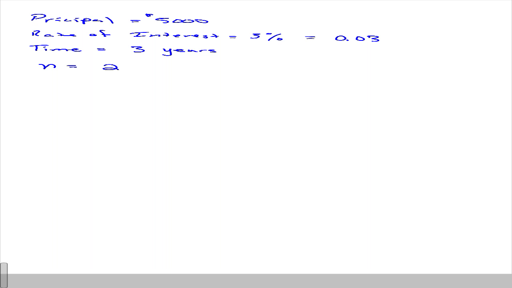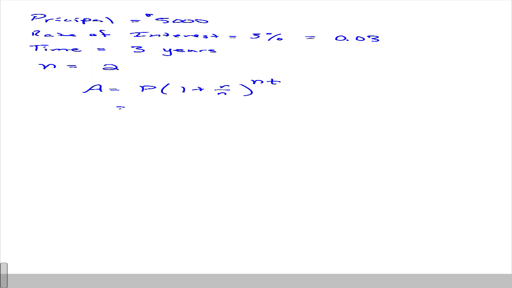So the compound interest formula is A equals P times 1 plus r over n, raised to the nt. And here, A is the amount of money that you accrue, P is your principal, and then in 1 plus r over n, r is your rate, n is the number of times it is compounded, and t is your time.